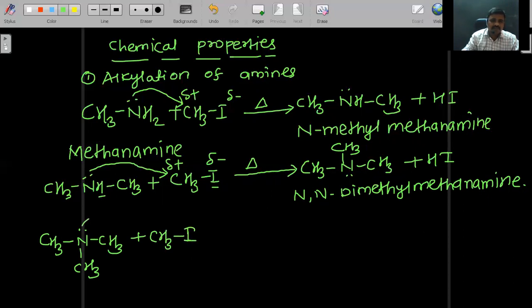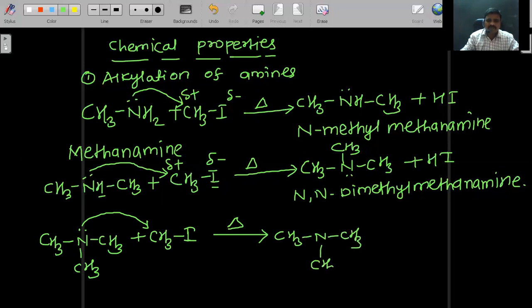This lone pair again attacks the alkyl group, but here a hydrogen atom is absent, so the possibility of formation of HI is ruled out. So what is formed here? Nitrogen gets attached to four alkyl groups.